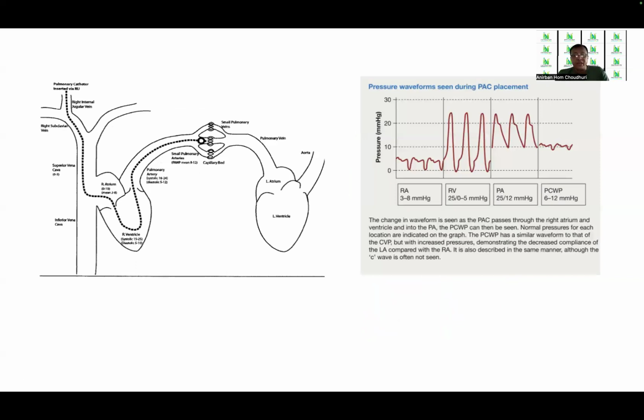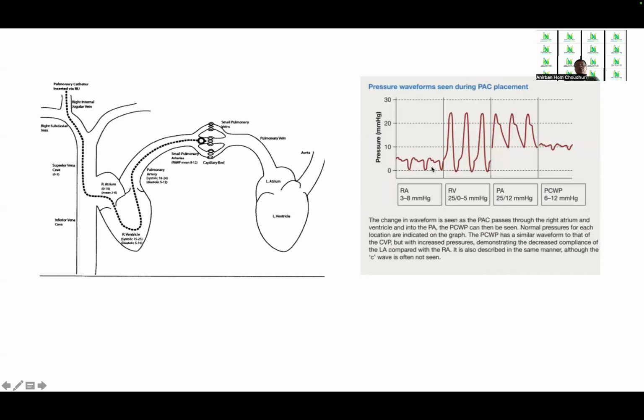Now, as the catheter traverses from the vein to the right side of the heart, and from the heart to the pulmonary artery, the pressure changes. As you can see in this diagram, initially, as long as it is in the right atrium, the systolic pressure remains limited.